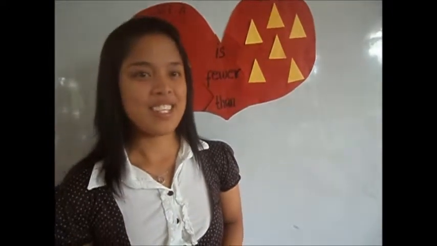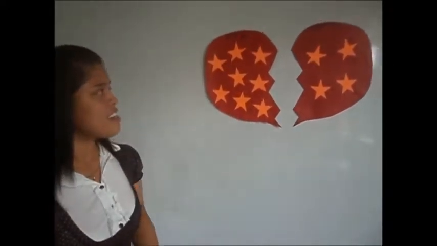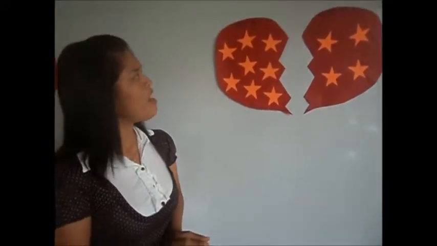But we must solve the last problem. Let's move on. How about this heart? What did you observe? Very good. There are stars in this heart. But how many stars in set A?